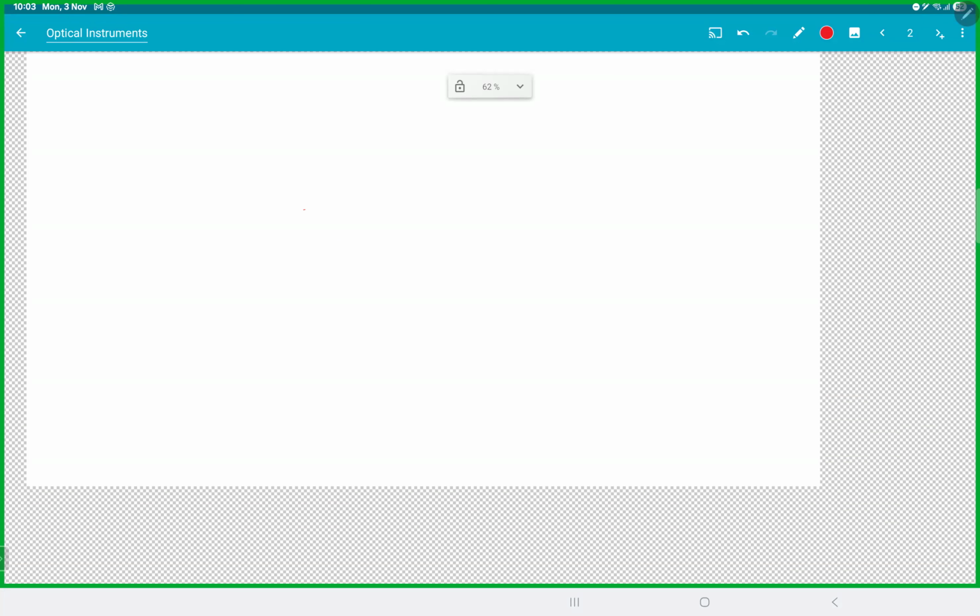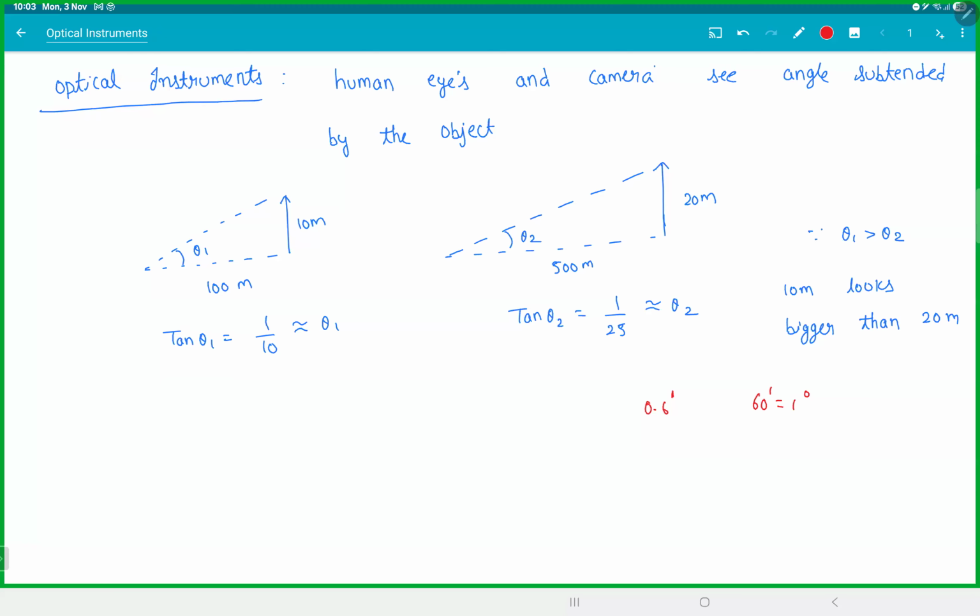Once you bring it close enough, you can start seeing them. Now get it even closer. Now the fingerprints will be more clear. You can see more fingerprints. Still get it closer. More clear. Get it closer. You can't see anything. Did you observe something? If you bring it too close, you can't see it anymore.